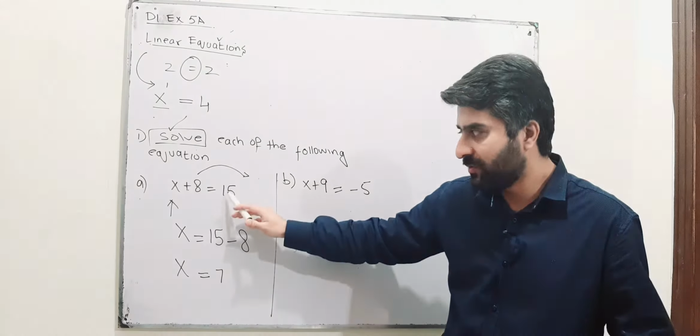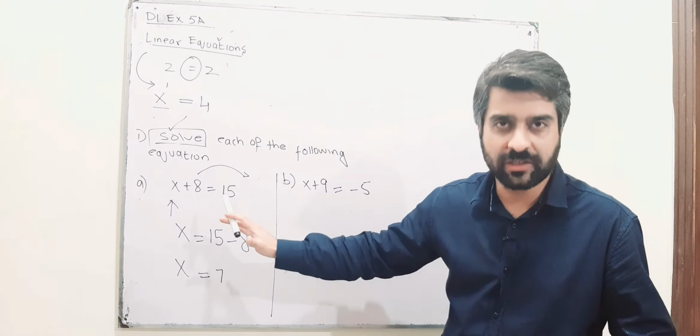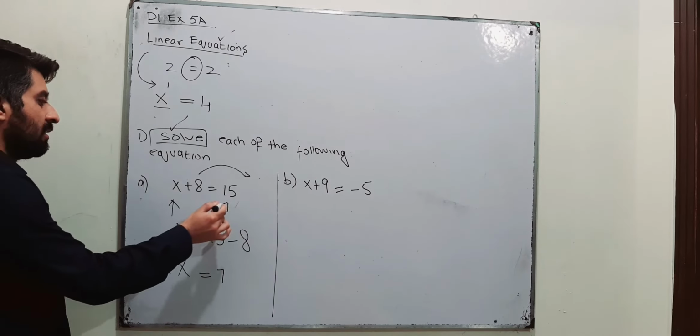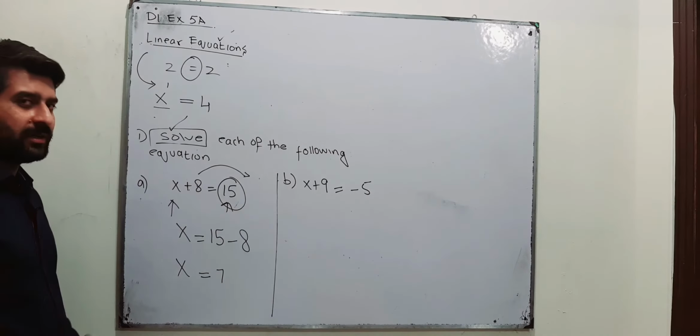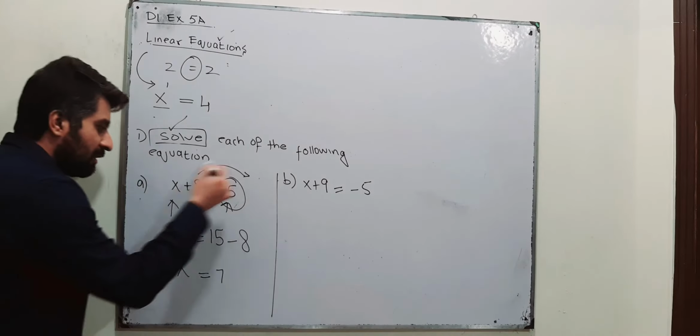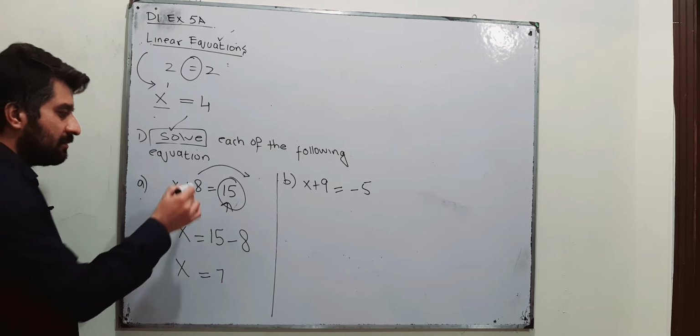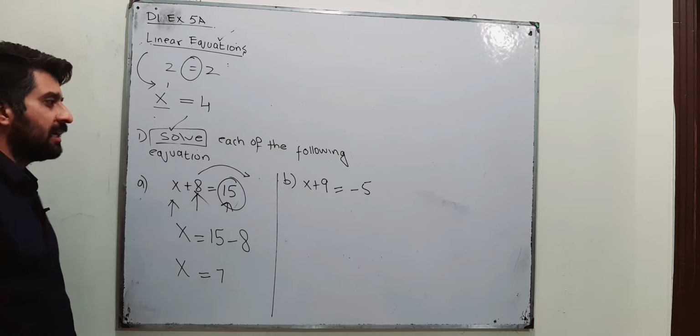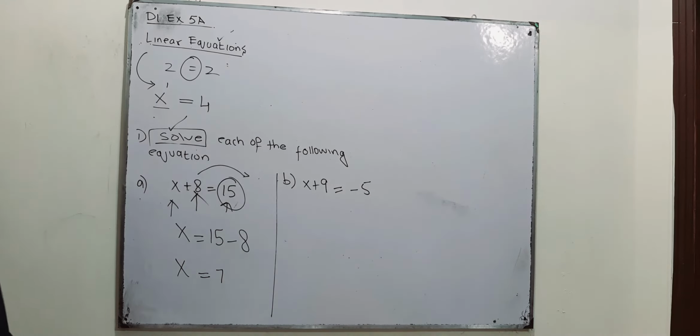Don't change the sign of this 15, it has nothing to do with this. This is innocent, don't do anything. Plus 8 will move on the right side, and you have to change the sign of this 8, that will become minus 8. What about x plus 9 is equal to minus 5?